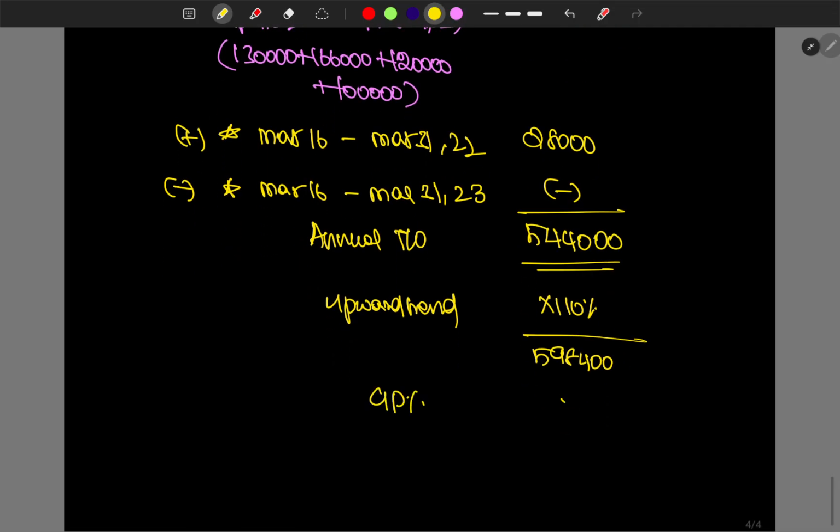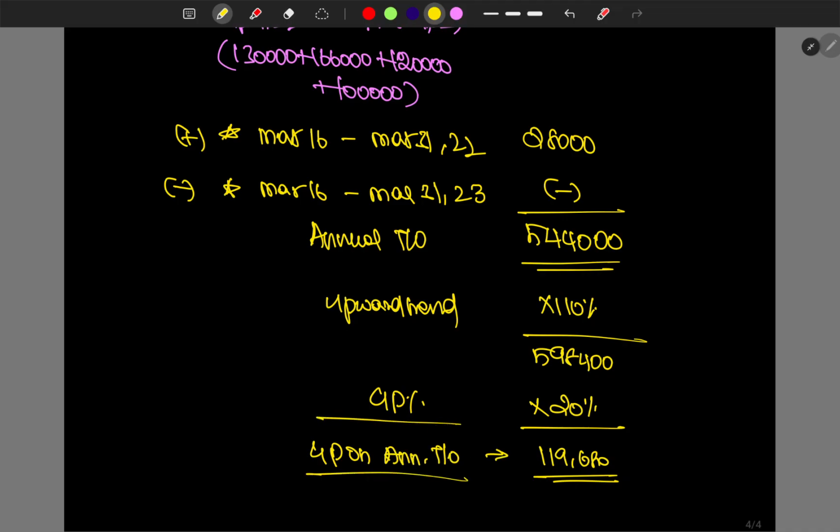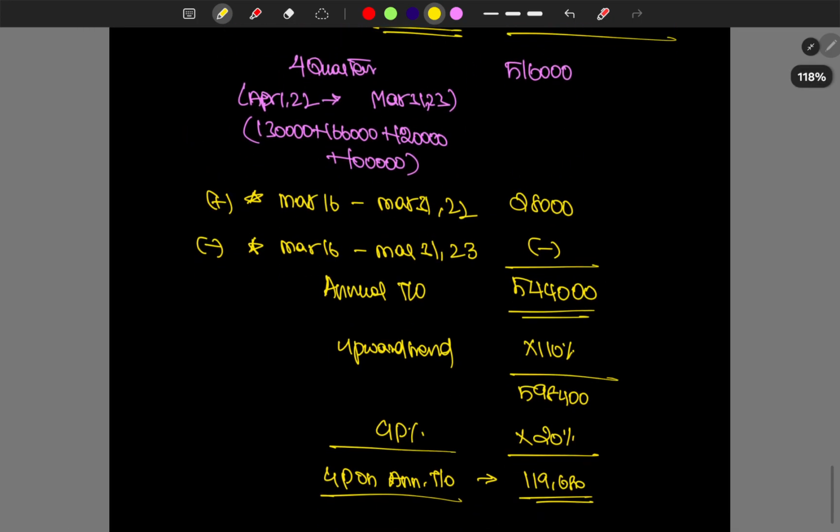Then GP percentage, which is 20%, into 20%, which is 1,19,680, which is GP on annual turnover. We found out the GP on annual turnover, which is 1,19,680.